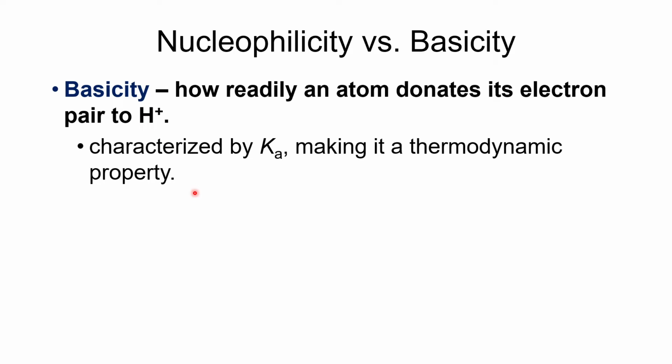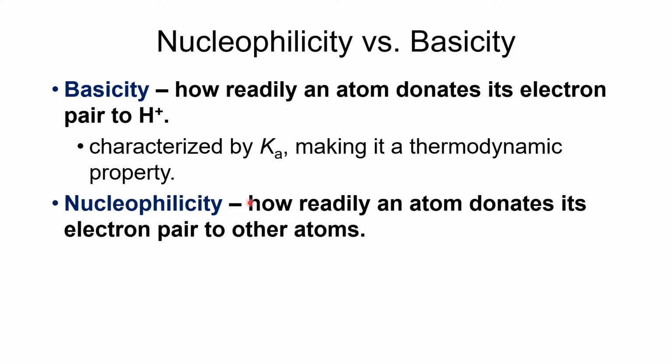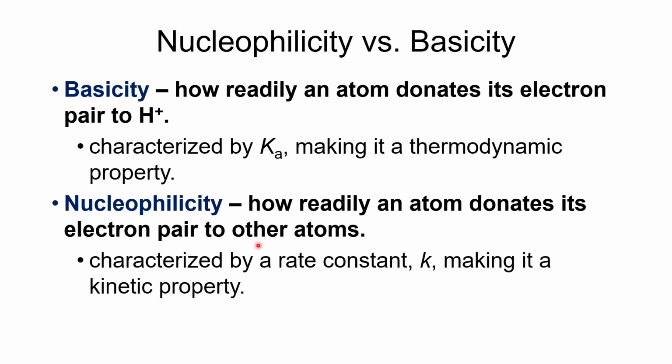Basicity is characterized by the Ka. Since Ka is an equilibrium constant value, that makes it a thermodynamic property. Nucleophilicity, on the other hand, is how readily an atom donates its electron pair to other atoms, like carbon. It is characterized by the rate constant, the lowercase k, and that makes it a kinetic property.